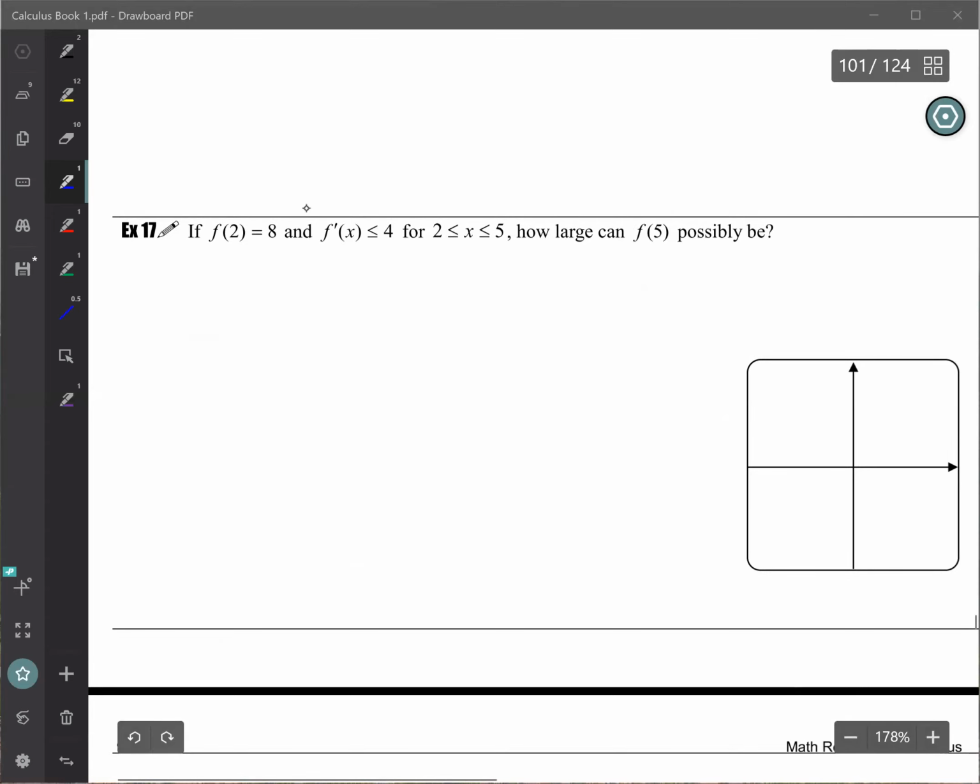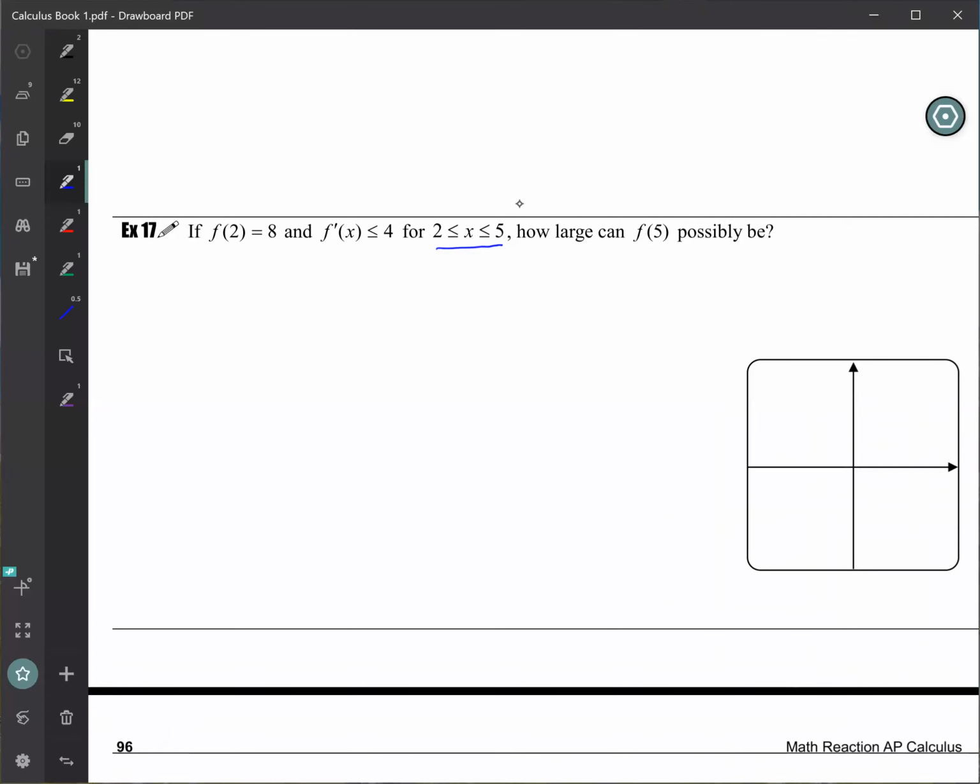So it tells you a point, f of 2 equals 8. And then it tells you the slope of tangent. Try to translate into plain words. Slope of tangent is lower or equal to 4 on this interval. Now it's asking how large, which means how high. What are the y values?